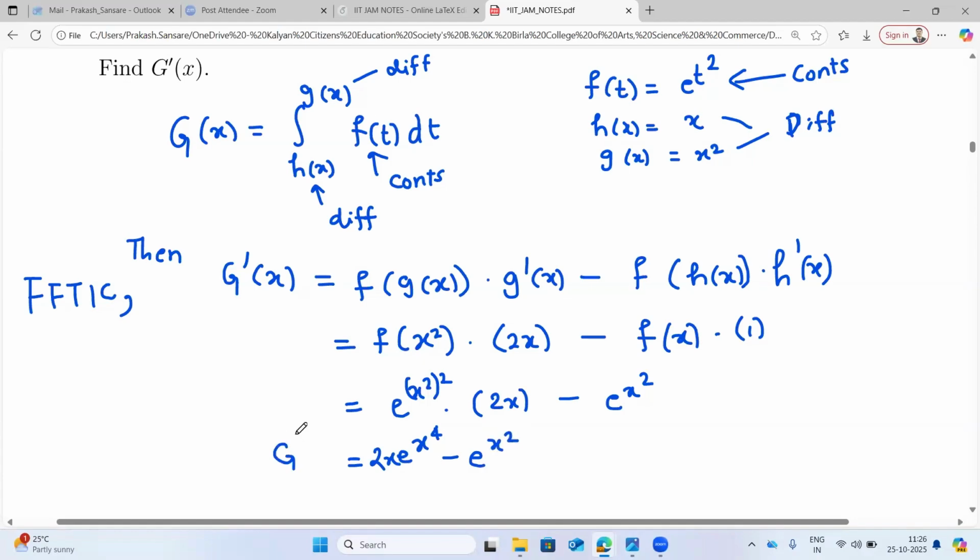So I finally got my G dash x as 2x e power x power 4 minus e power x square.